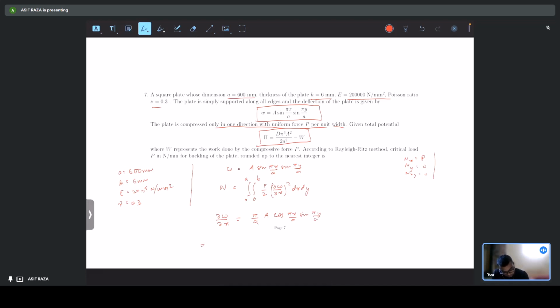So this will give me the work done by the compressive load P as the integral from 0 to a, 0 to a, of P by 2 times A pi upon a cos pi x by a sin pi y by a, whole square, dx dy.